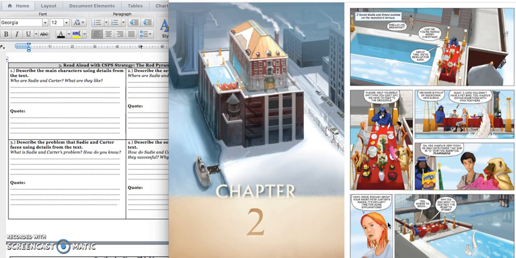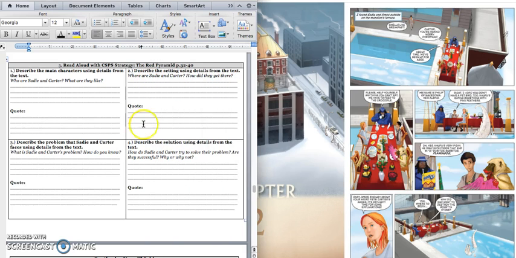All right, we'll stop right there because we have information about the setting. And so we're going to write this down in box 2. In box 2, you would write down Sadie, Carter, and Amos are eating breakfast on the terrace. It's Christmas morning. Press pause to write down your answer and play when you're ready for the quote.